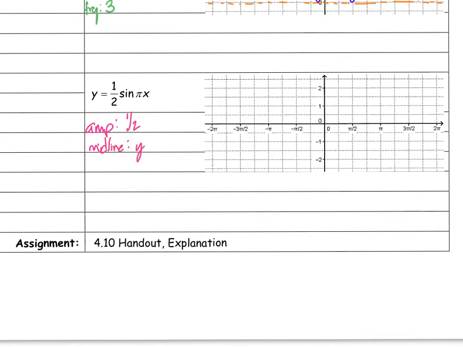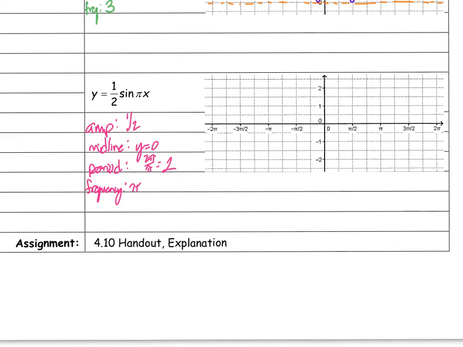My midline is y equals 0. My period, we're going to find out my frequency is pi. So my period is 2 pi divided by pi, which is 2. Okay, so I have a period of 2.